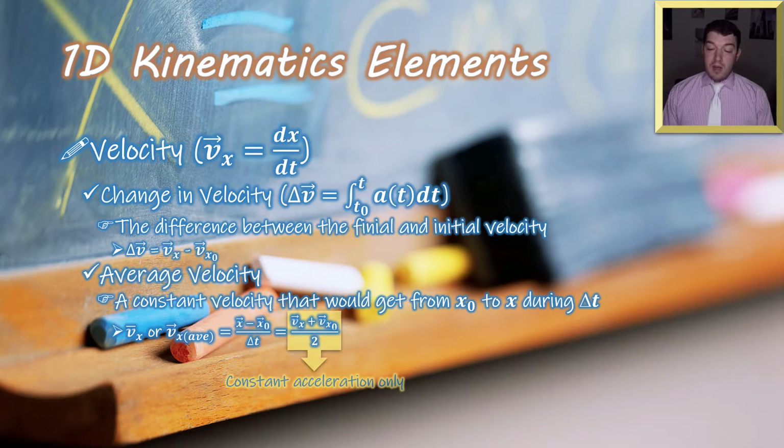However, you have to be careful. That last function, that final velocity plus initial velocity divided by 2, is only true when you have a constant acceleration. There will be a few instances in this course where we will look at whether the acceleration is constant or not, and that can actually inform the way we might go about describing or analyzing the motion as it's taking place in the universe.